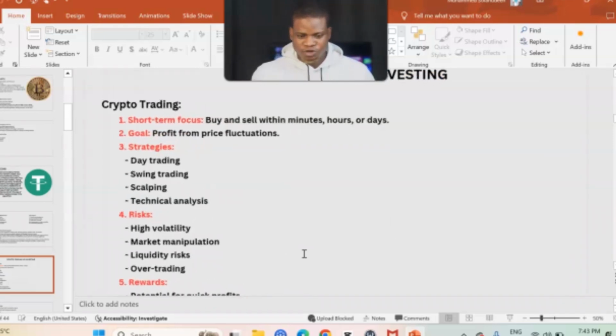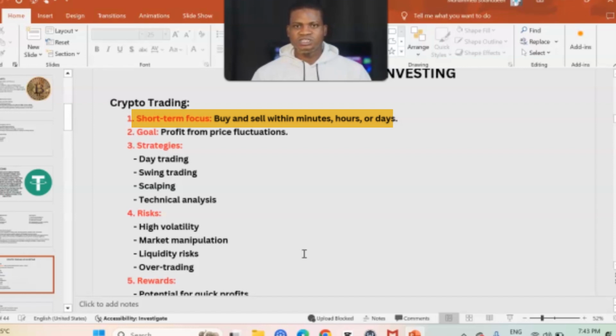So what is crypto trading? Crypto trading focuses on the short term. So it means you are trying to buy an asset or sell an asset within minutes, hours, or a few days, and within these minutes, hours, or days, you will have made a profit. Your goal from trading is to profit from price fluctuations.